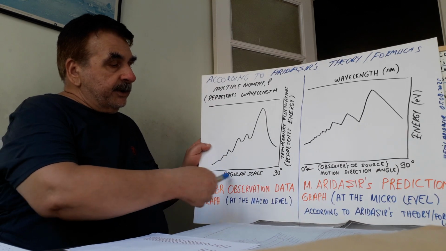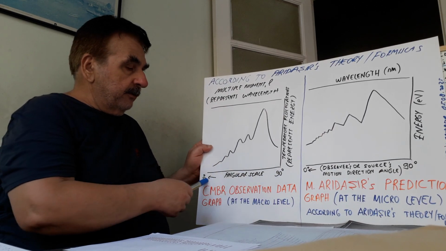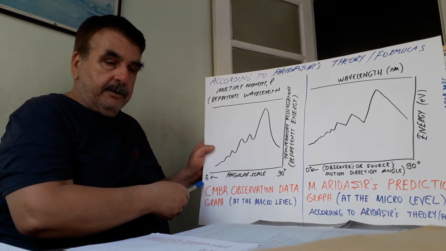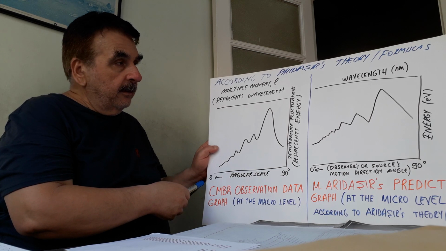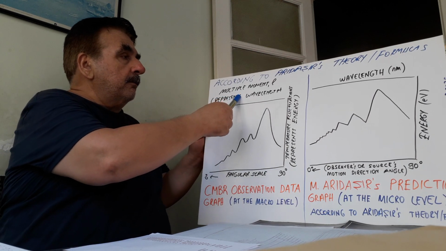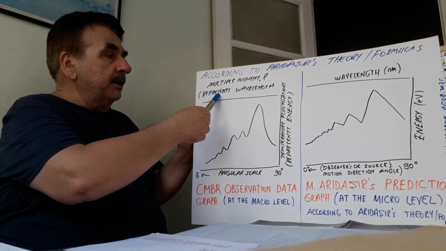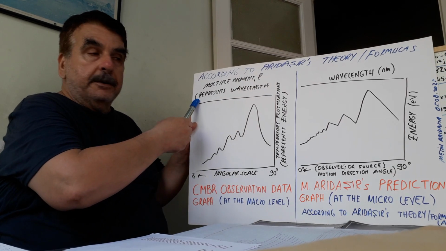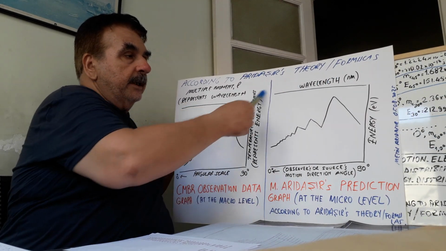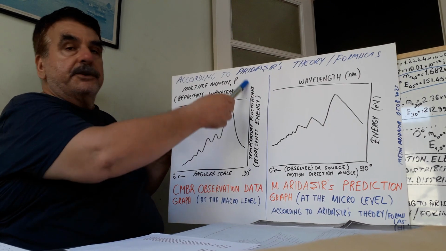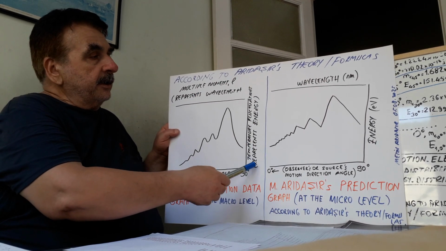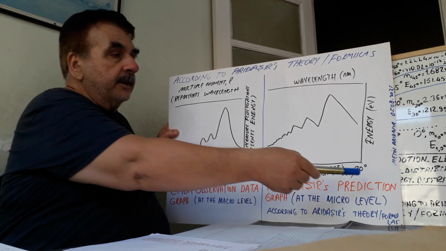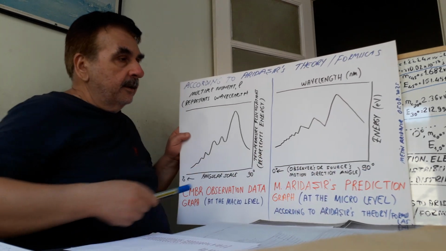Here, the angular scale is observational data. Here, multipole moment represents wavelength. Here, wavelength. Here, temperature fluctuations represent energy. Here, energy.